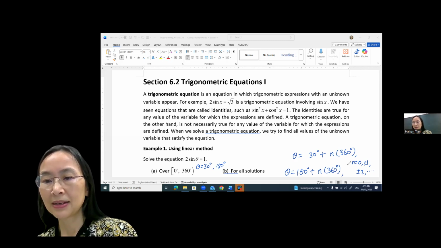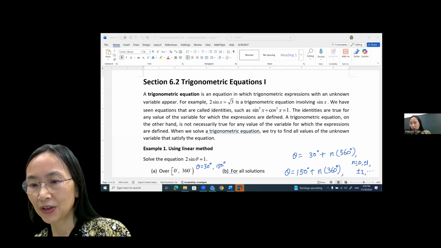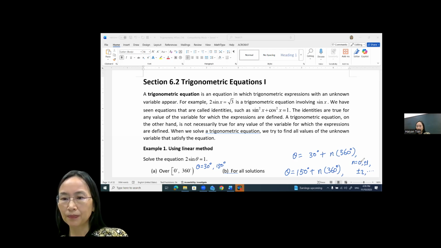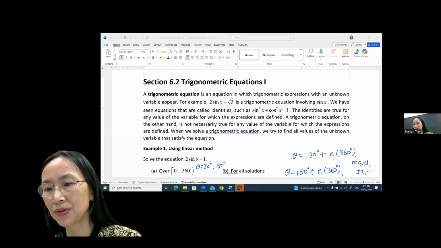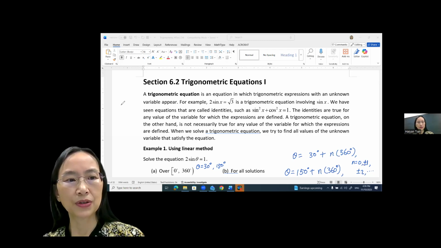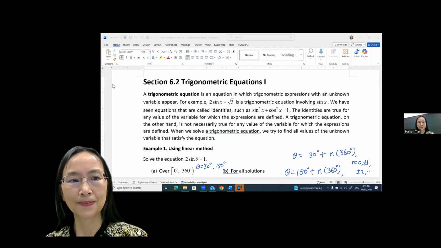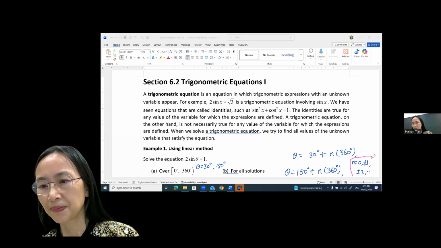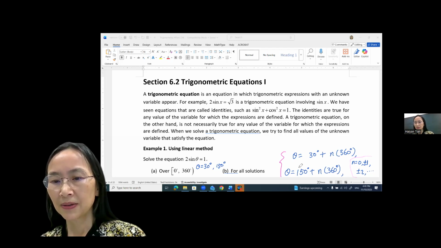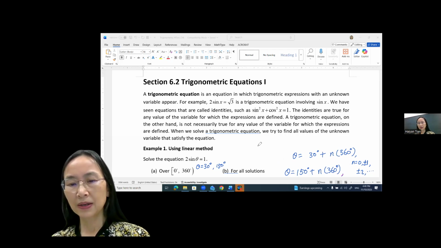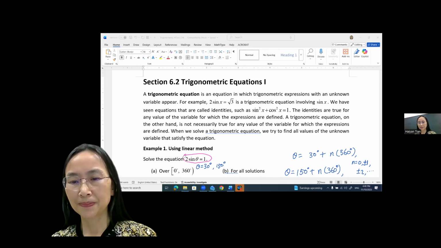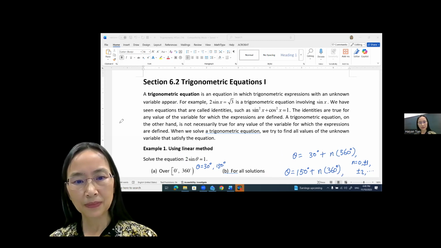Here n again is an integer value, which can be 0 or a positive or negative integer. These are all possible solutions for this equation.